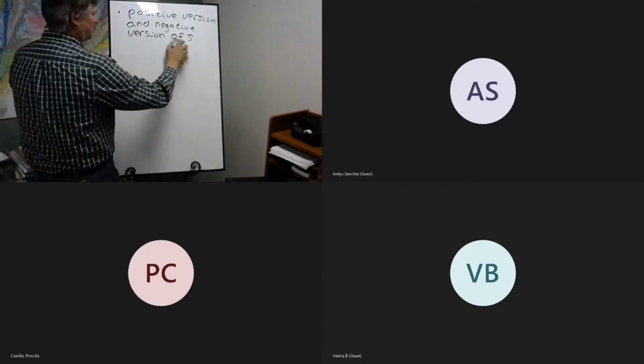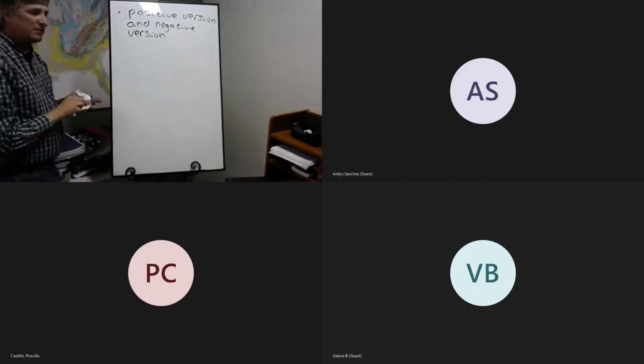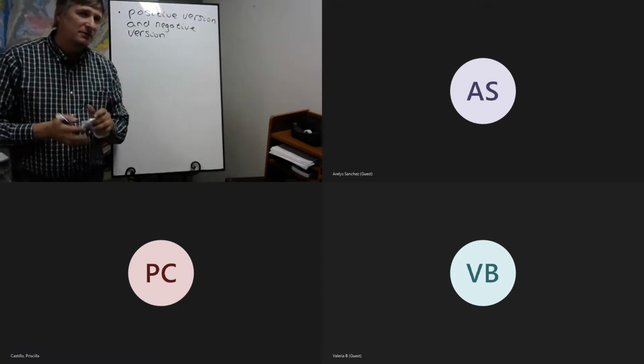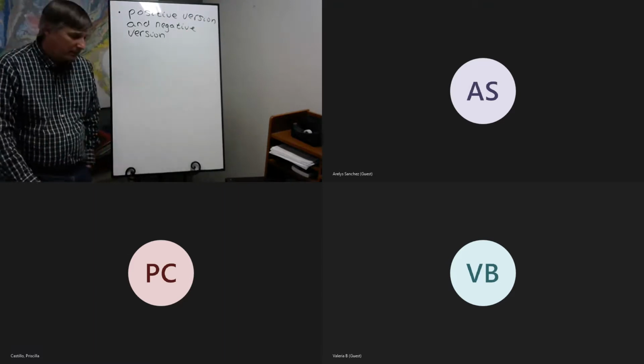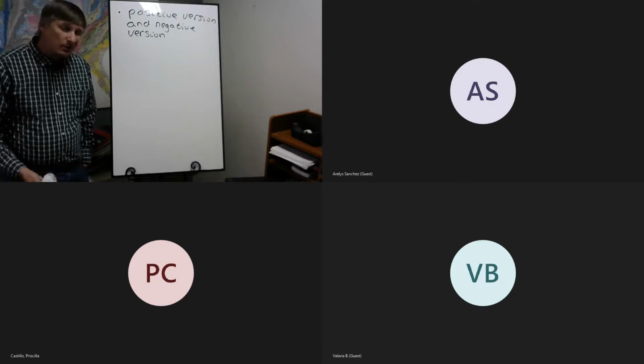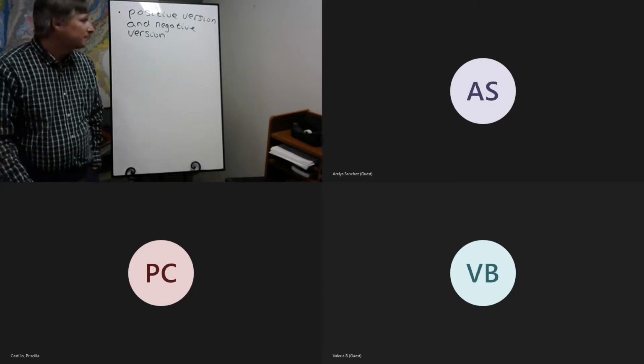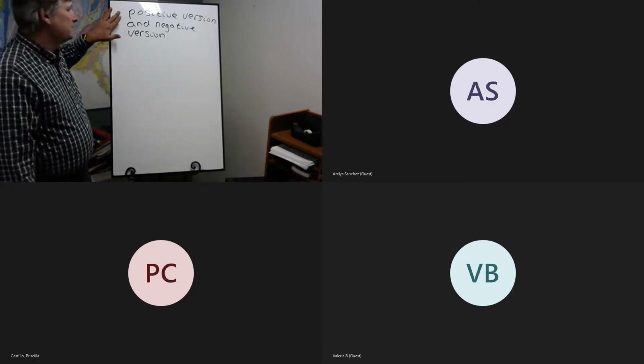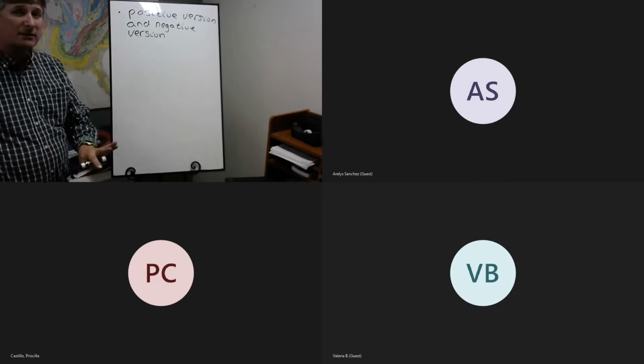I'm just going to leave it like this. When you're dealing with absolute values, there's a positive version and a negative version. So that's if we're looking for the absolute value of x. What about something more complicated? Well, we're going to have a positive and a negative version. Let me explain how that's going to work out.